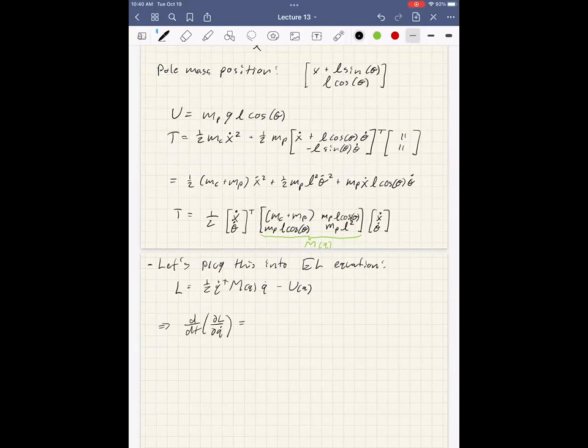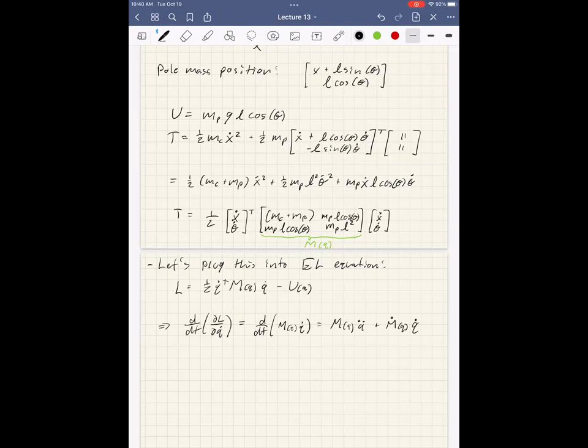First off, partial L partial q dot is just m q dot, right? And then if I take the time derivative of that, I'm going to get something that looks like m q double dot, so ma, plus this other term, a weirdo term, m dot times q dot.